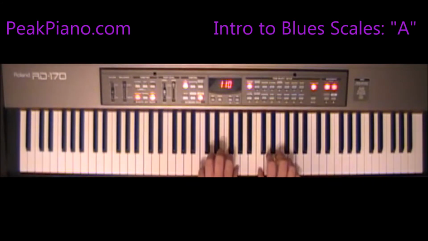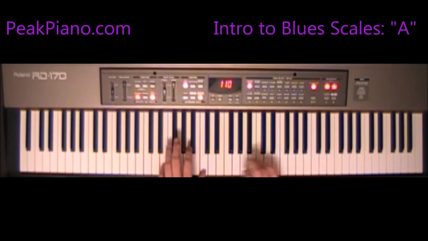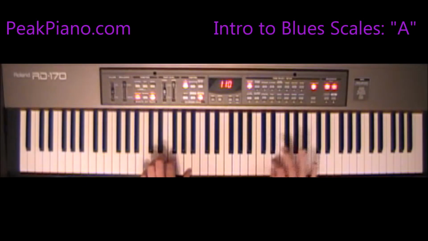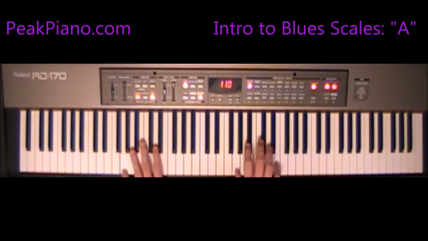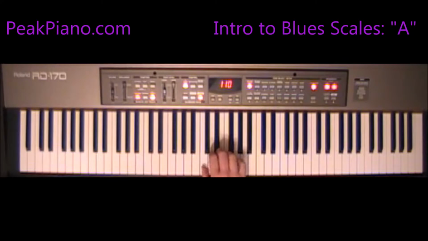So if I played a little Mozart, so all of that was done mostly on the white keys. So we were in the key of C and we were playing the C scale, which by now I'm sure you're familiar with. And so there is a scale that corresponds to the blues.